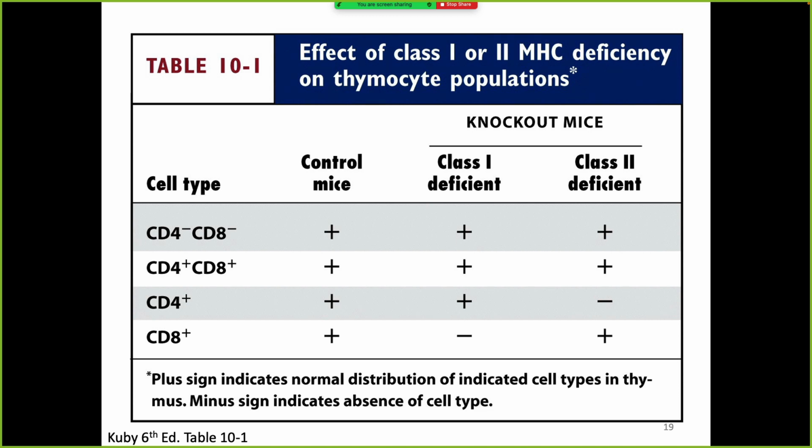If we look at the same thing in mice that are missing MHC class 1, we find that we don't get the CD8 positive cells. So we still get these other three populations, but the CD8 positive cells are missing. If we look in the periphery, again, the CD8 positive cells are missing.